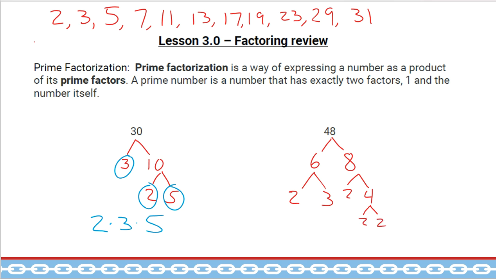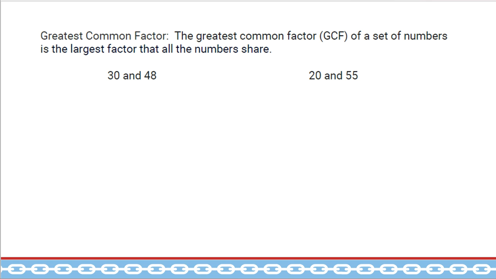So 2 times 2 for 4. So my primes are 2 times 2 times 2 times 2 times 3, right? So for my prime factorization for 48, some people would write out all the 2's. You could say 2 to the 4th power times 3. That would also work. Right, so that's just a quick review of prime factorization.